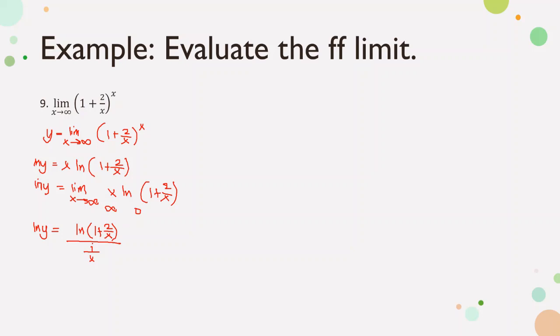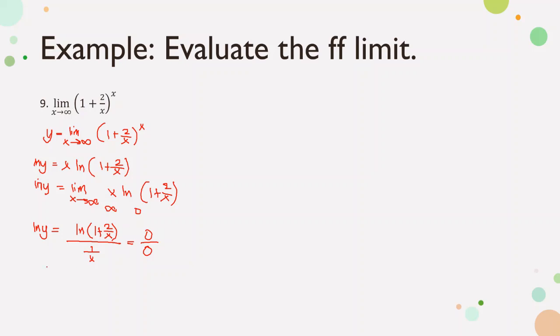I hope you still remember the form of this one: f of x over 1 over g of x. After that, let's take the limit again. Let's try to substitute. So ln of 1 is 0, 1 over infinity is 0. So meaning to say, we have to apply L'Hopital's rule again.